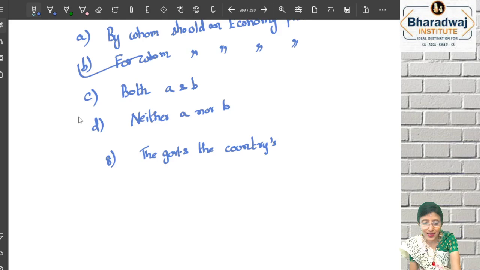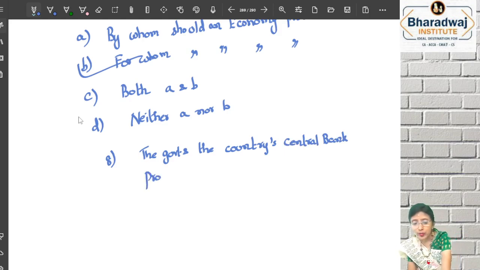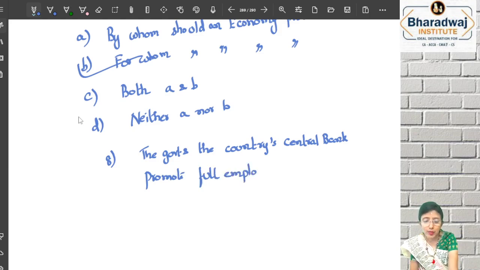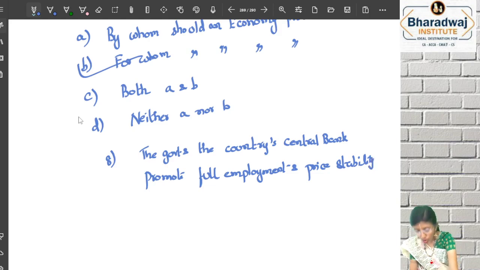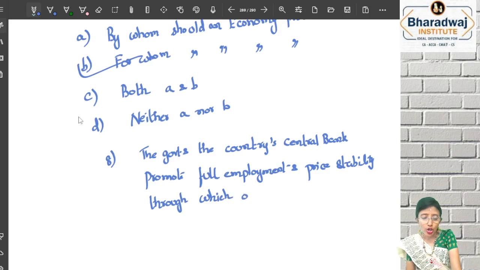The government and the country's central bank promote full employment and price stability through which of the following policy?